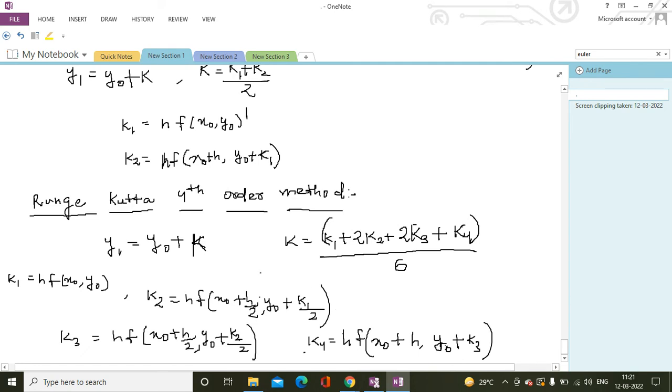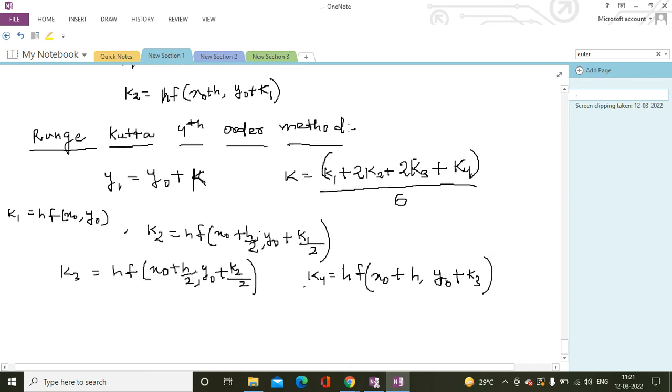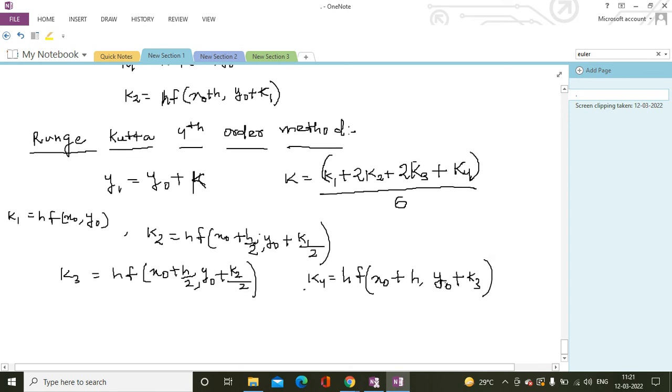So while solving, give careful attention to these k2, k3 values guys, because that is different from the Runge-Kutta second order method. So here k3 will be h into f of x0 plus h by 2 comma y0 plus k2 by 2. Okay. k4 is h f of x0 plus h and y0 plus k3.